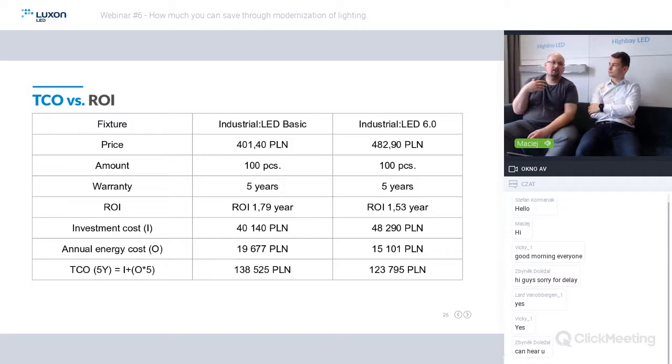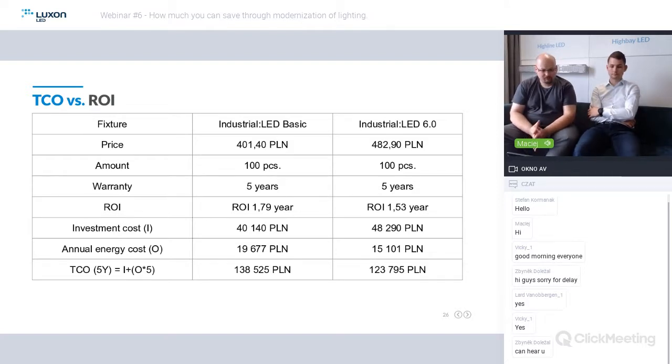So this is the percent type of ROI. We are more interested in the time ROI. So we just divide the total cost of investment by the yearly savings. That way we can calculate how fast we can get our money back from the installation.